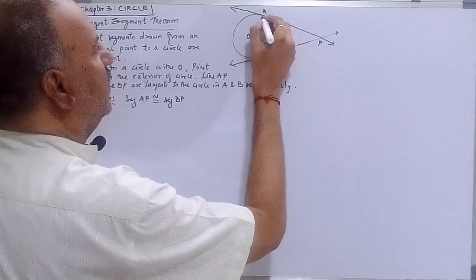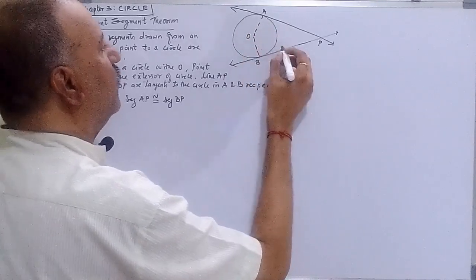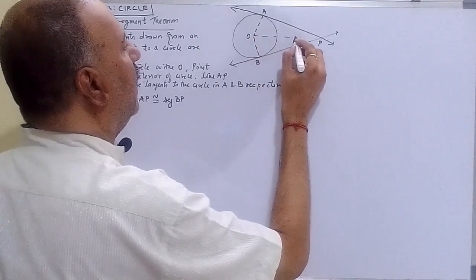हमें कंस्ट्रक्शन करना पड़ेगा. You have to draw OA, OB and OP.